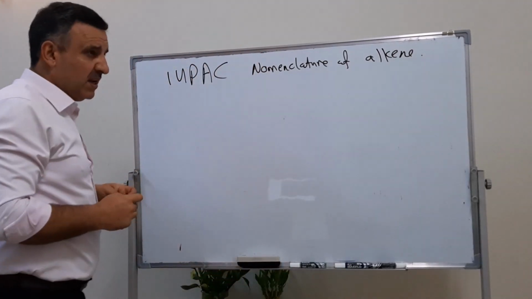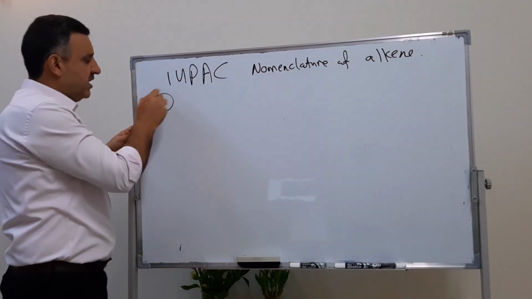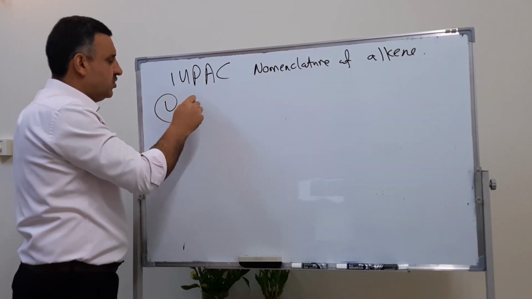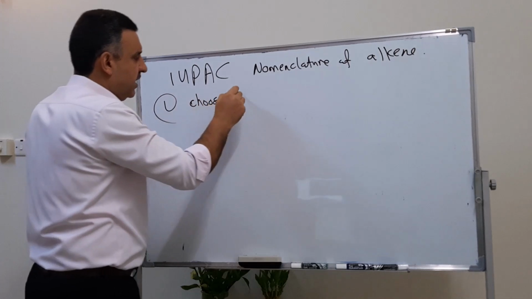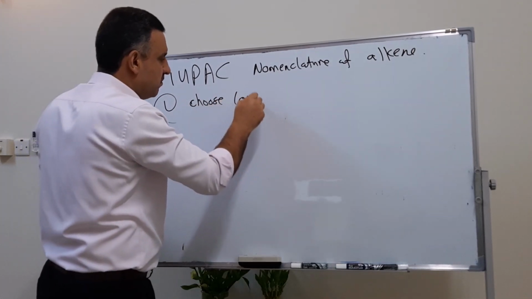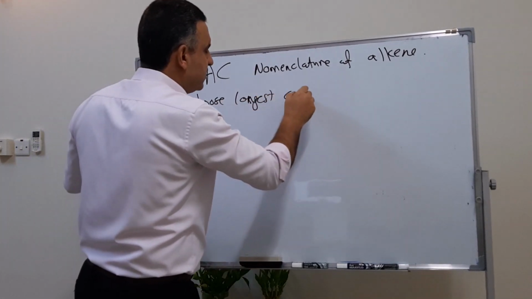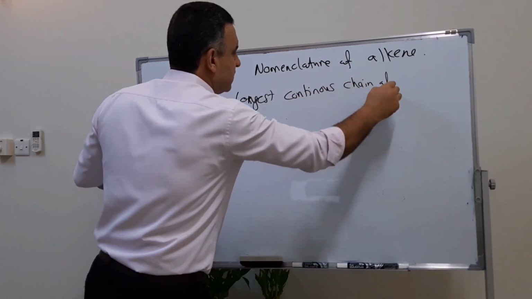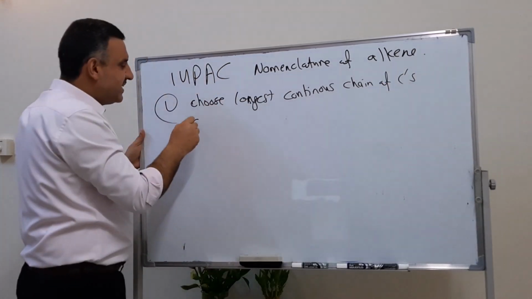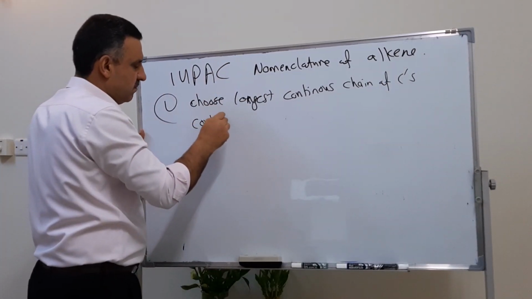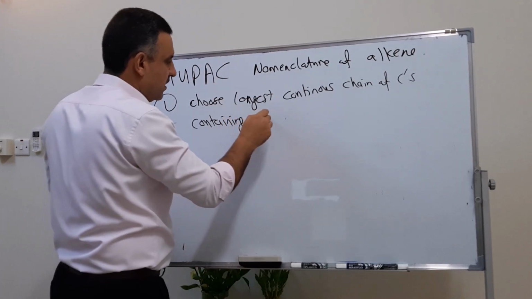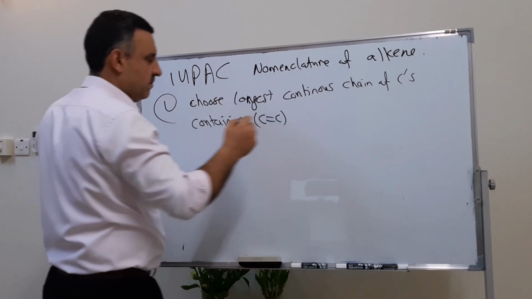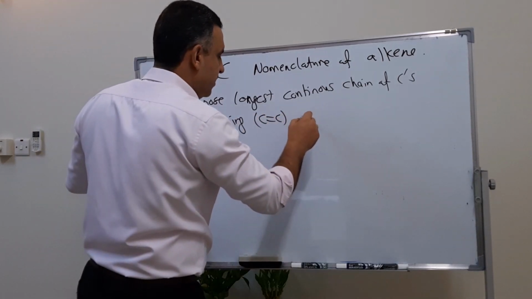Now, in the IUPAC nomenclature of alkenes, the first rule is that we must choose the longest continuous chain of carbons containing the alkene functionality, which is carbon double bond carbon, the two carbons. Do you follow me?